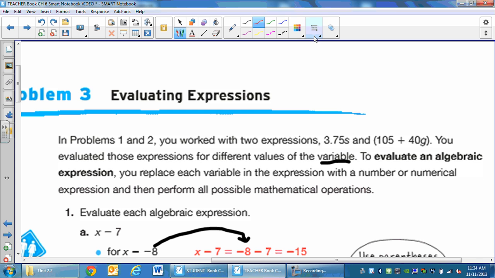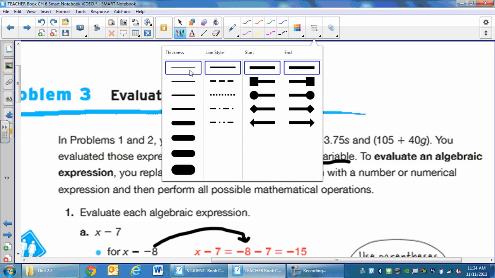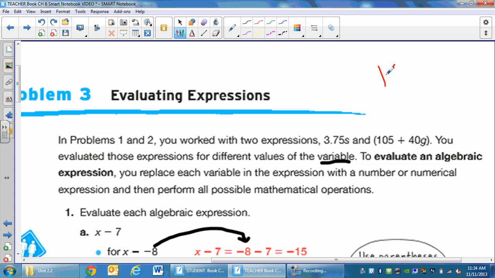A helpful hint to remember, if you haven't heard this before, is KFC when you're subtracting. So keep, flip, change. I'm going to keep negative 8. I'm going to flip the minus to a plus, and then I'm going to change the sign here. So the negative 8 minus 7 is the same thing as negative 8 plus negative 7. So keep, flip, change, and that would give me negative 15.